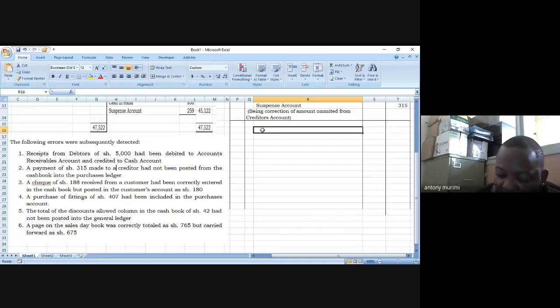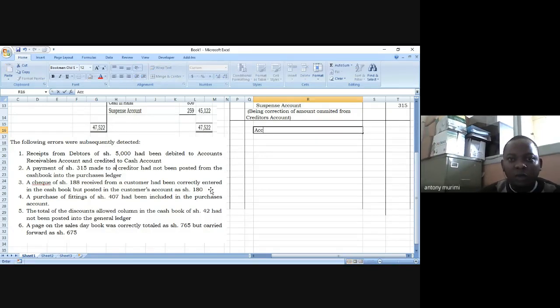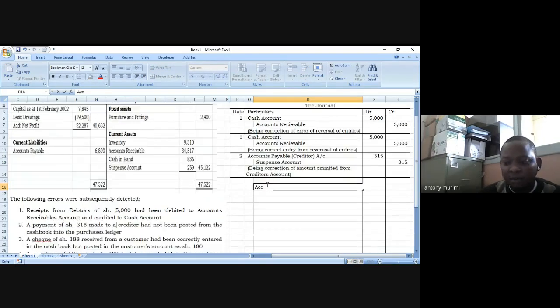So to correct for that, the less credit of 180 from 188 needs to be added to that credit entry. As such, we credit the accounts receivable account by 8 shillings.